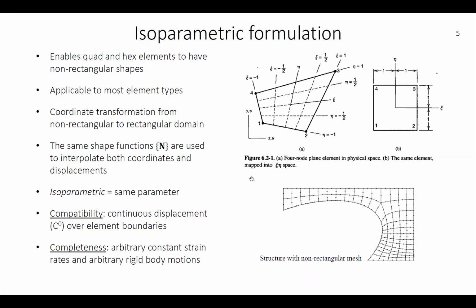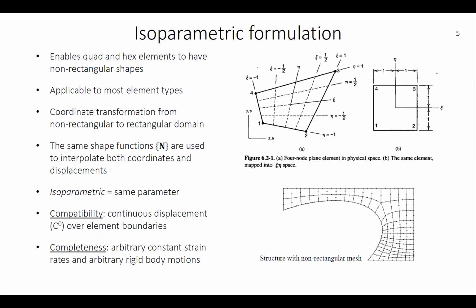And in essence, it enables quadrilateral and hexahedral elements to have non-rectangular shapes, such as illustrated in this picture. This is also taken from the book, so you see the figure references here if you want to go into the book and read in more detail about it.